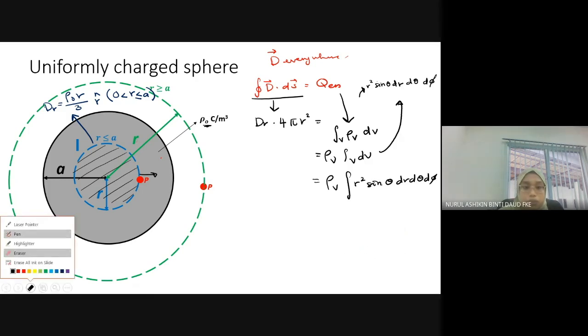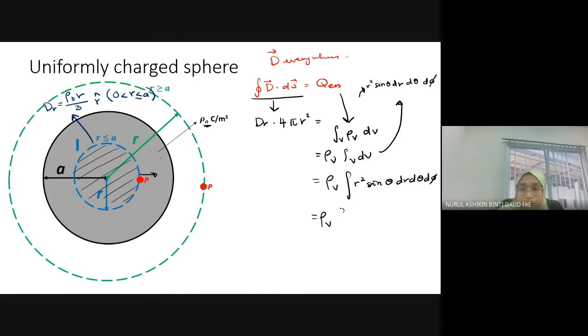So it will be r squared dr from 0 until a, because this is the charge contained when the radius is larger than a.